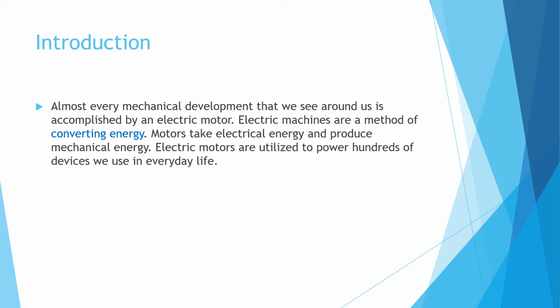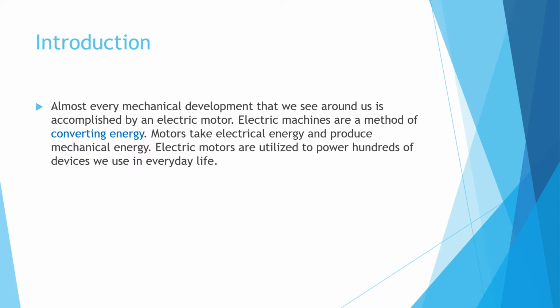Introduction. Almost every mechanical development that we see around us is accomplished by an electric motor. Electric machines are a method of converting energy. Motors take electrical energy and produce mechanical energy.